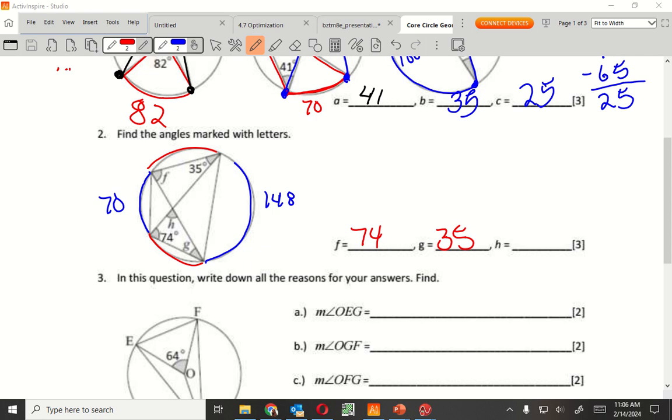I believe it's on page 9 for that one also, or okay, so this one's page 17.